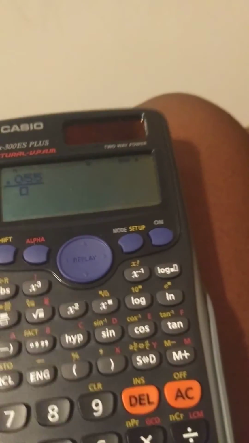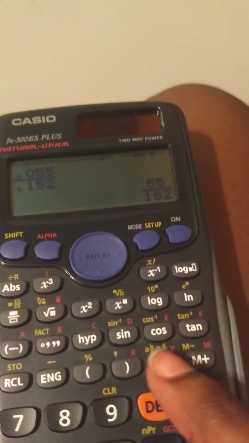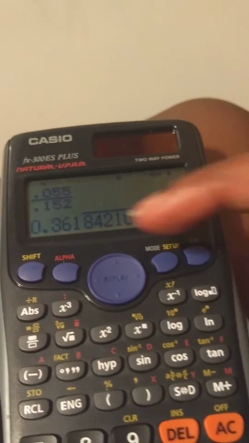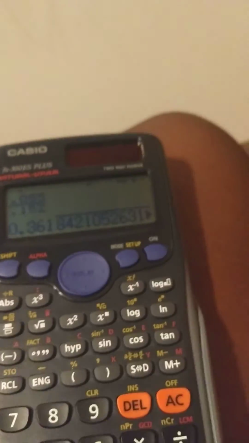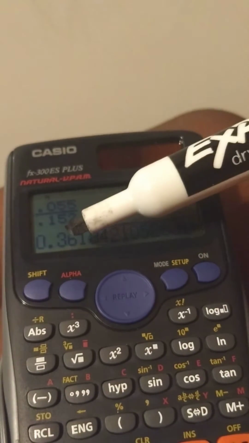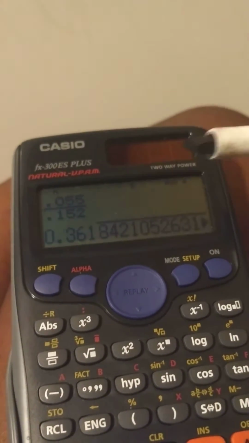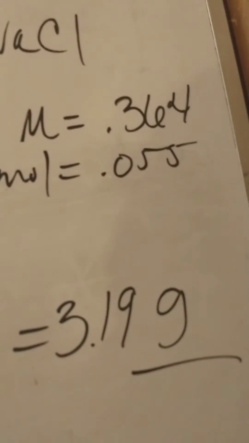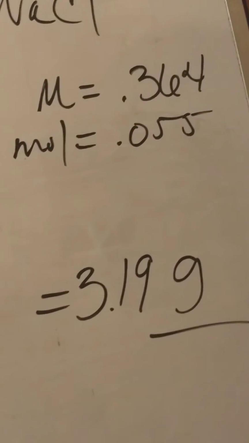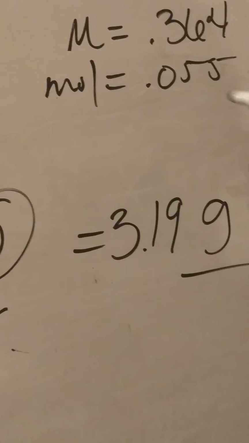0.055 divided by 0.152 gives us approximately 0.362. Now this is about 2 numbers off technically, but also you have to remember that we did round this number.